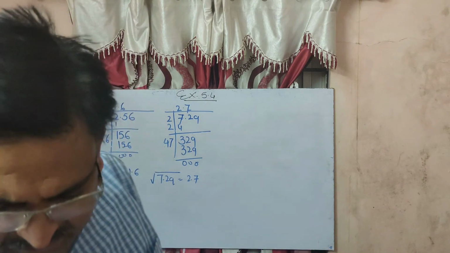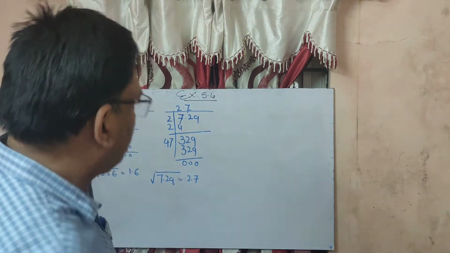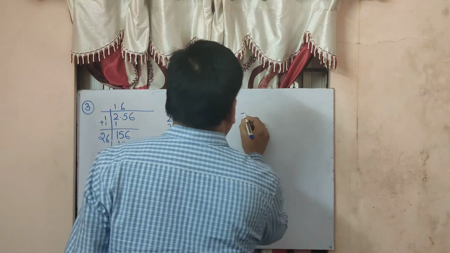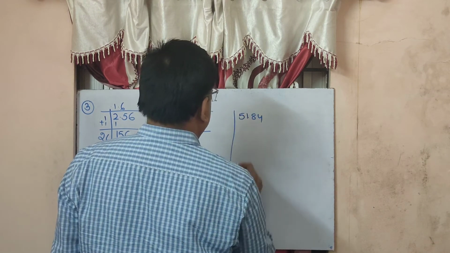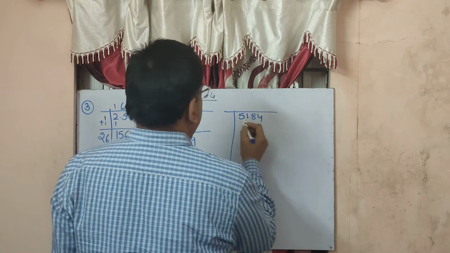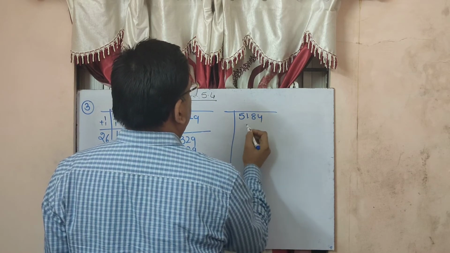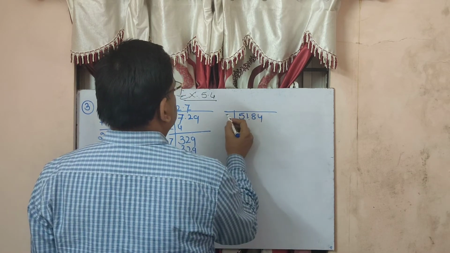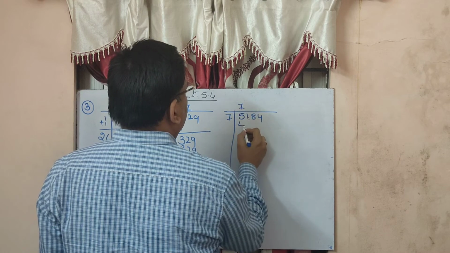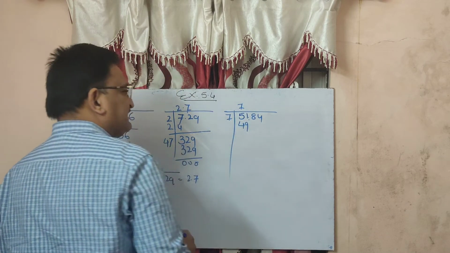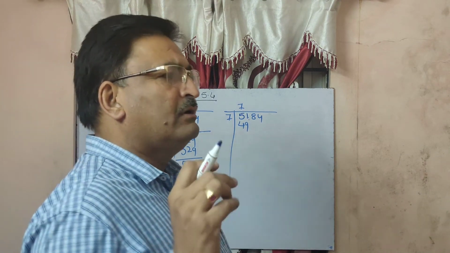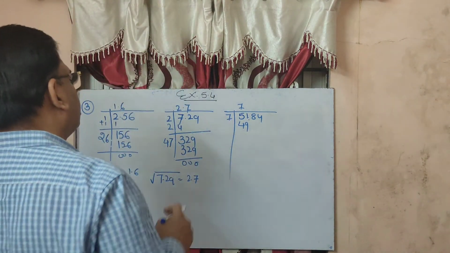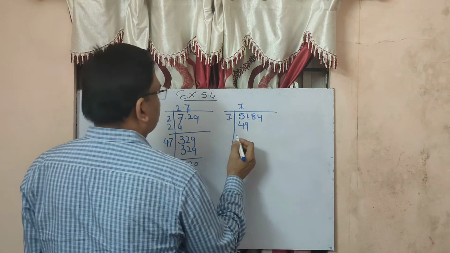Okay, the next one, 51.84. So again same thing. Now there are four numbers, 1 2 3 4. Now two at a time. 7 7s are 49. By looking at the number, you can easily say this number is near to which of the perfect square. So the 51 is near to 49.